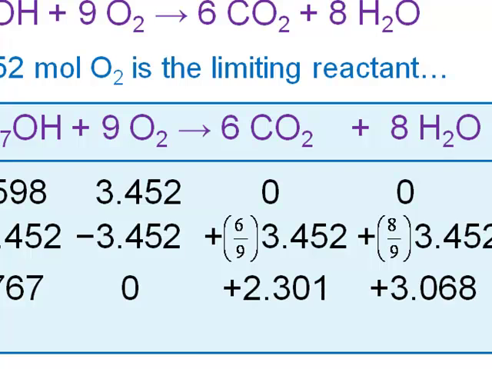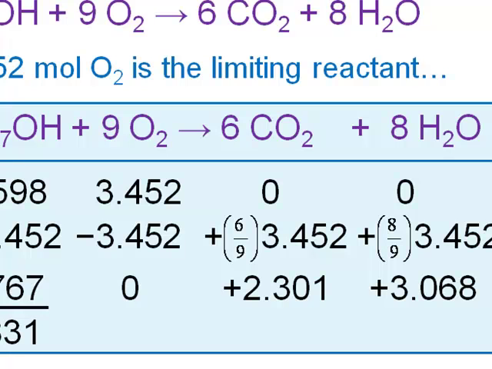So when we calculate this out, we can see that we've got 1.598 to begin with. We lose this much of it. Here, we lose all of it. Here, we gain some, and here we gain some. Again, those are the changes in decimal form. So 1.598 minus 0.767 equals 0.831.